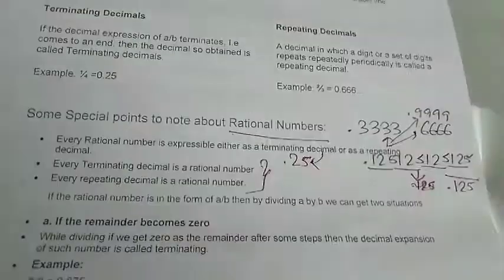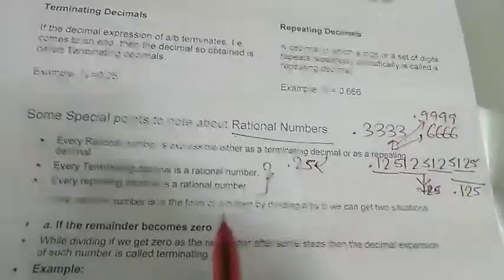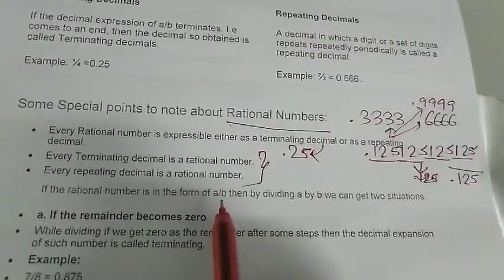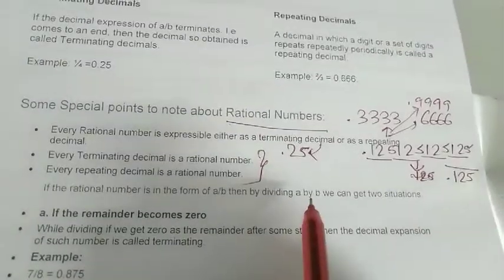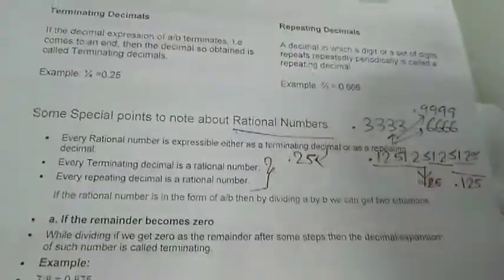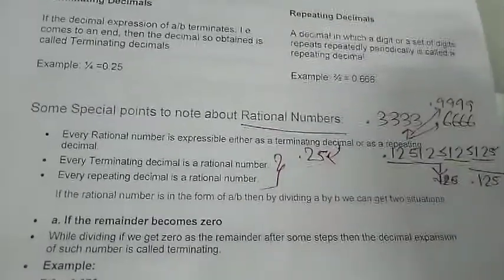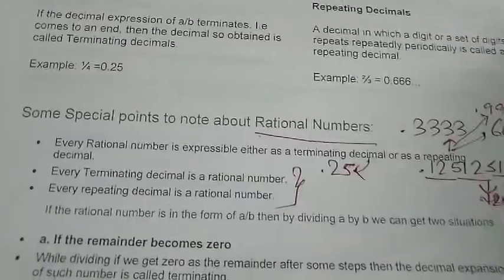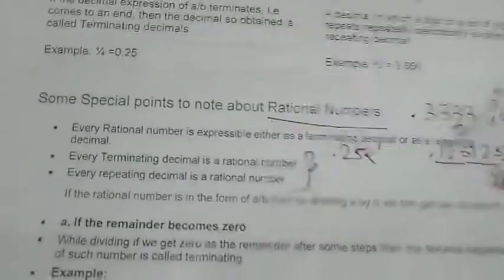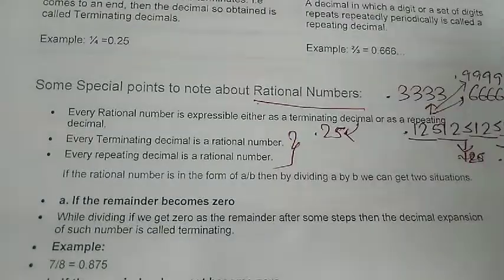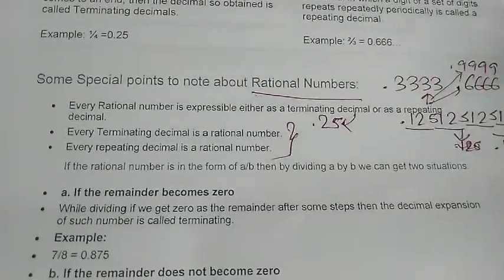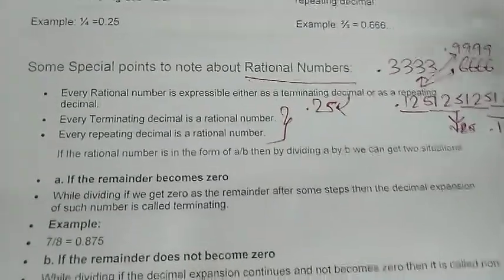Now if the rational number is in the form of a by b, then by dividing a by b we can get two situations. Wherever you get a fraction, it has to be classified as either a rational number or an irrational number.